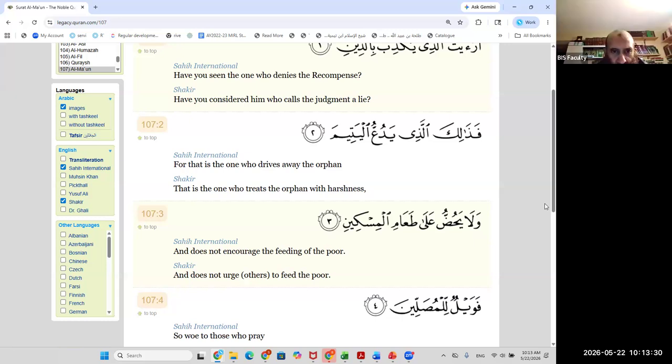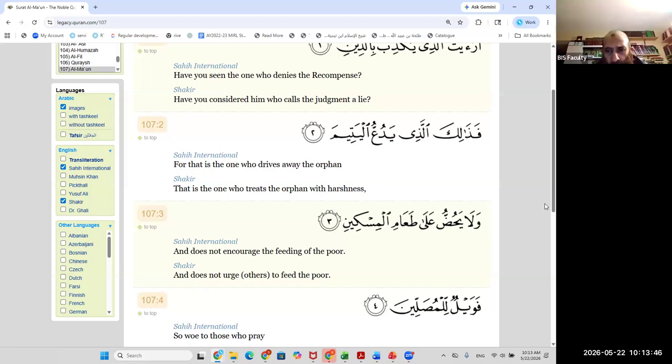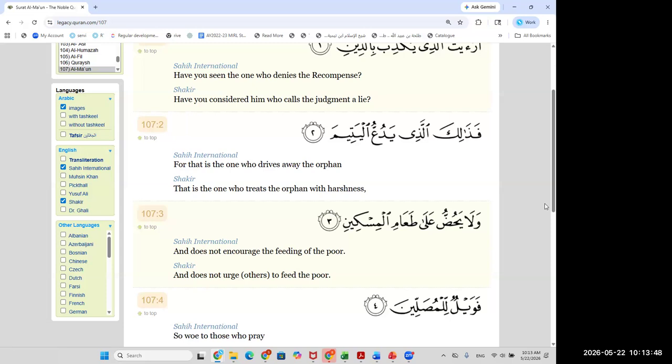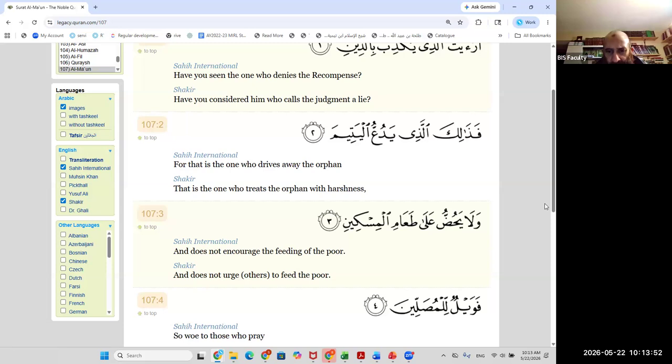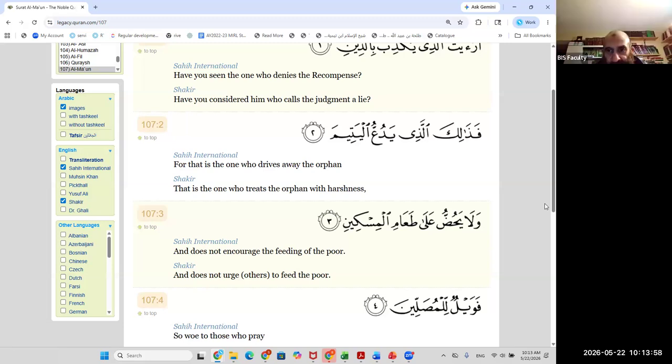Fa is for tartib, and thumma is also for tartib, and additionally, thumma is different from fa: it is حرف عطف وترتيب وتراخي. What does تراخي mean? Not only sequence but delay, meaning not immediately after.